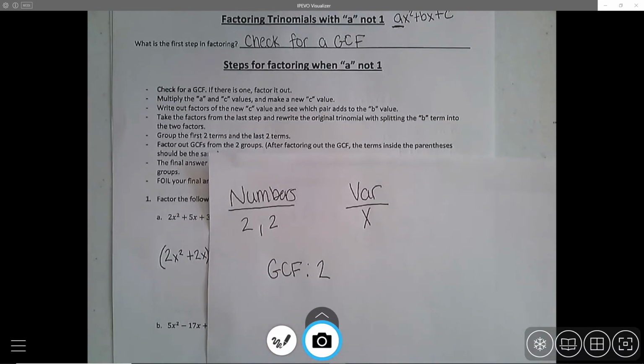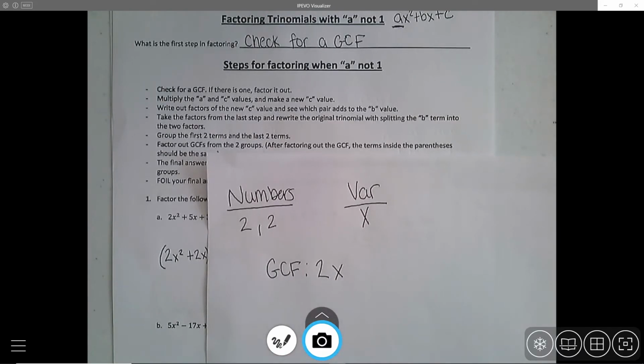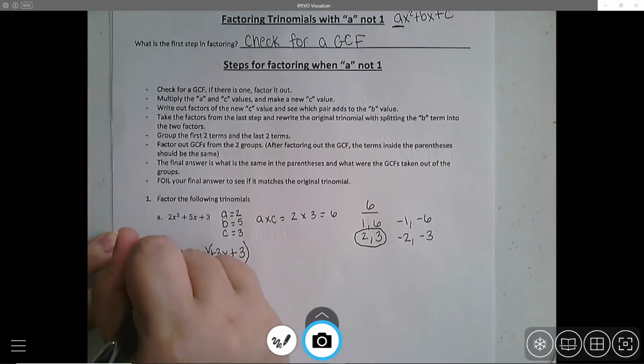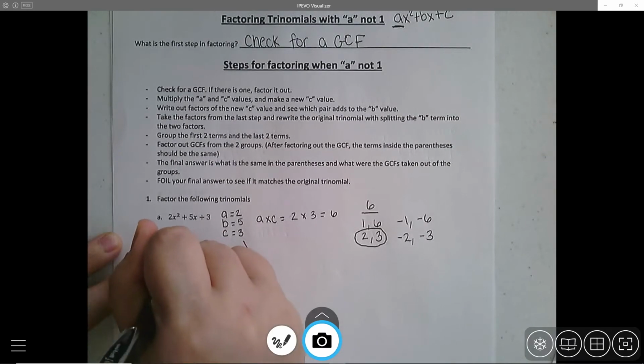If both of them have an x, your GCF is that x to the lowest exponent I see. Exponent of 2, exponent of 1, that's my lowest. So 2x is my GCF. I'm going to look and say, factor out a 2x.